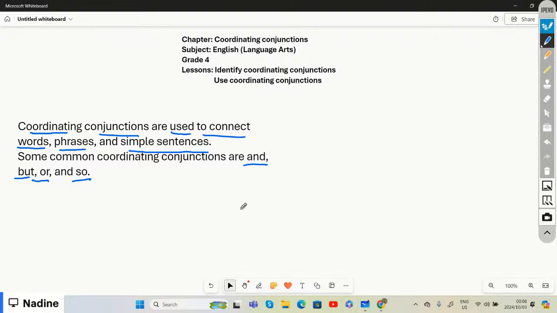So, guys, when it comes to coordinating conjunctions, we have simple sentences. Sometimes, if we have one sentence that is joined by two sentences, then we have our coordinating conjunction in the middle of the two sentences because now we need to add a comma and a punctuation mark. Because if we, for example, add two independent clauses, right?